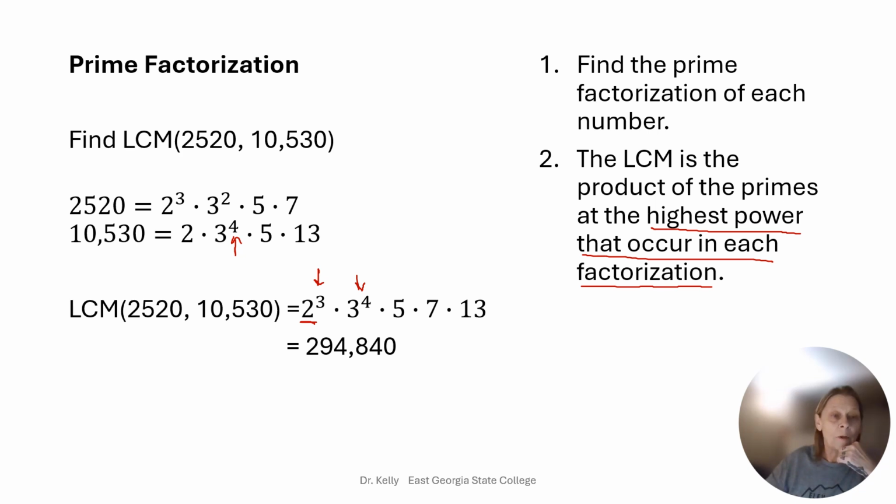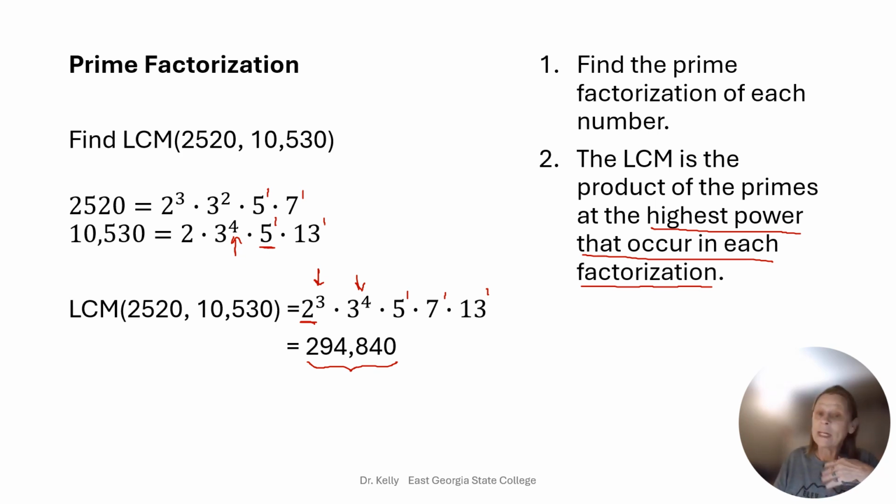For the prime 5, there was no power expressed, and remember, if there is no power, that power is implied to be 1, so these are all actually to the power of 1. And when we multiply these numbers together, this gives us our least common multiple.